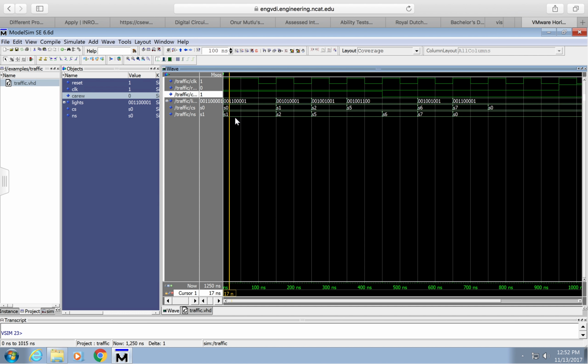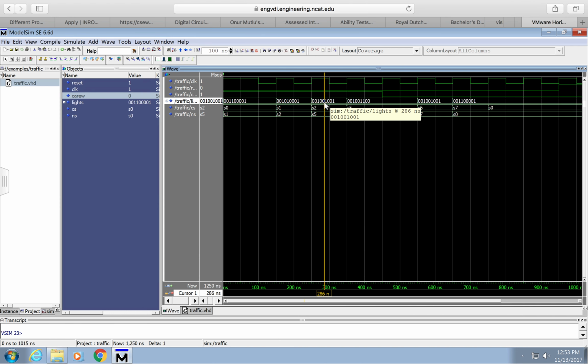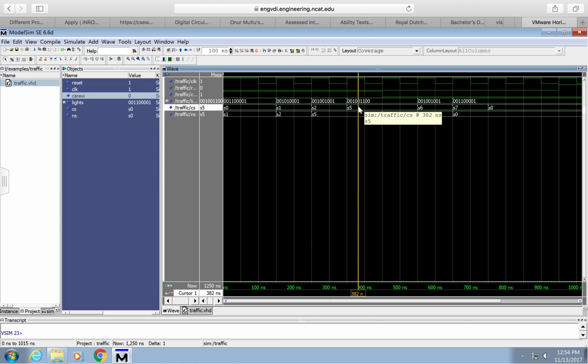And as you may see, my output is red for my north and south, red for my east and west, and also red for my turning lane right here because that's just the output for state 2 and state 5. The output of that is 001, 001, and 100, where it detects that car being present, and so it changed the light to being green.